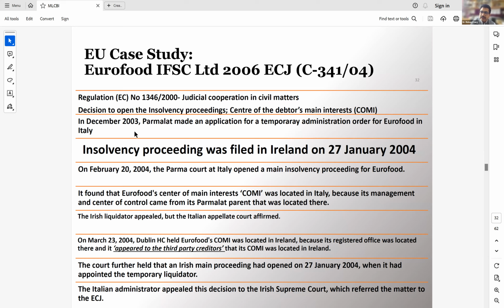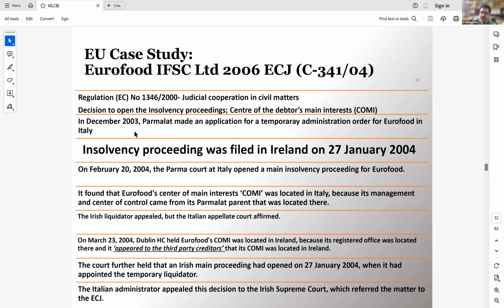So both of these countries could have commenced the insolvency proceedings, and the EU law says that in whichever country prior in time the insolvency proceedings will commence, that country will be authorized to continue with the insolvency proceeding. The other country should stop its insolvency case.